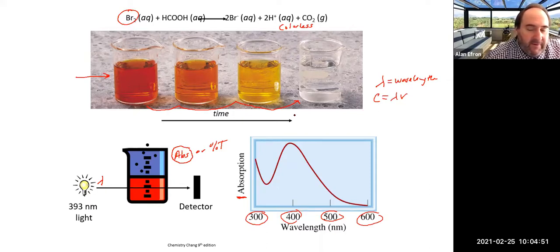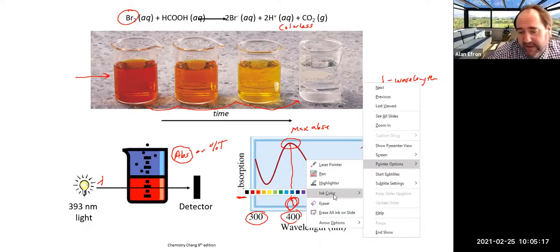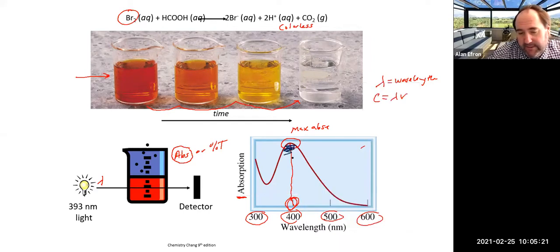And what we're looking for is where that solution absorbs the greatest, or the maximum absorbance that occurs. And why is that important? Well, we would want to set our machine to that wavelength, because when we run samples, that allows us to pick up absorbance values pretty much all the way underneath this curve.